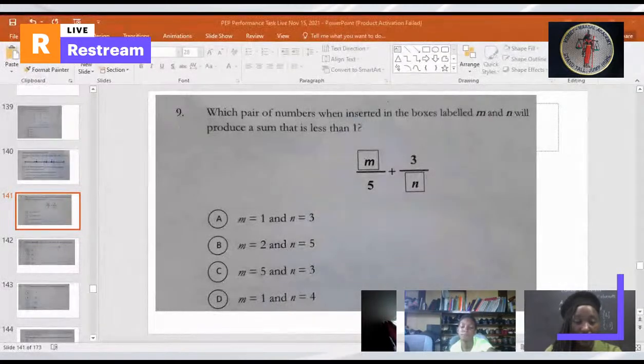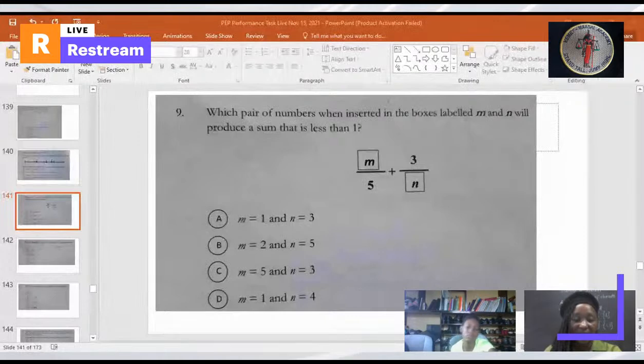For C, we put 5 where M is, we'd get 5 over 5, which is 1 whole. And if we put 3 where N is, we'd get 3 over 3, which is 1 whole. We would have 1 plus 1, which is 2.